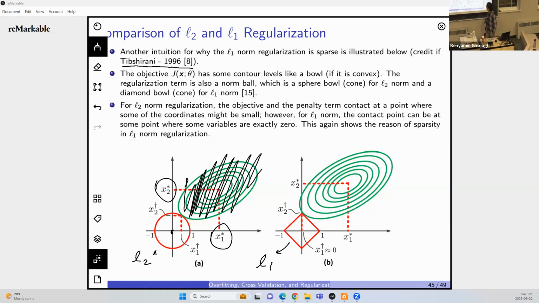Agree? Why don't you challenge me? Ask me, why have I put this unit ball on the origin? Because the L2 norm of x equals 0 should be 0, so I have put it on the origin. So the minimization of only the norm will be here.